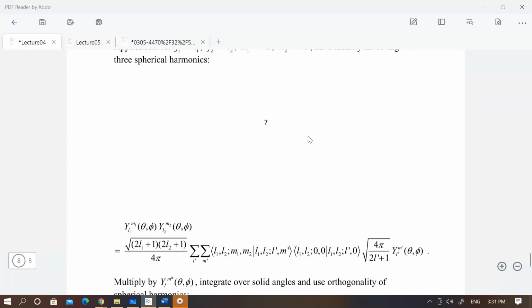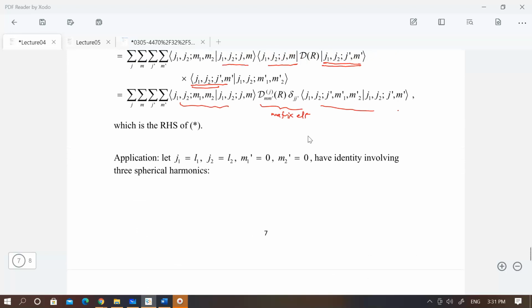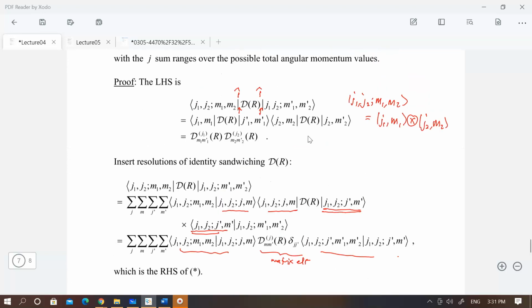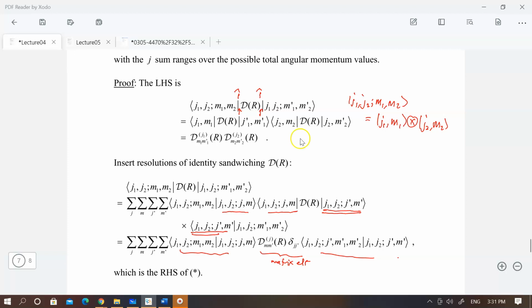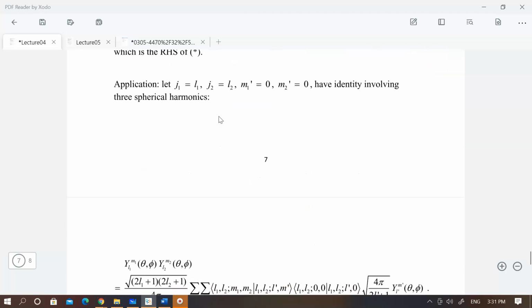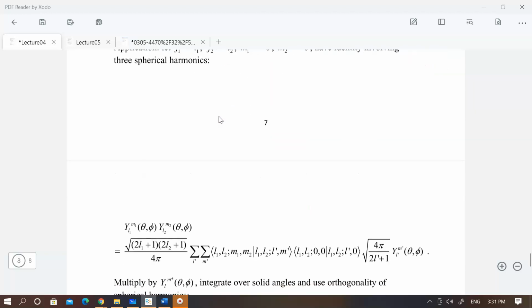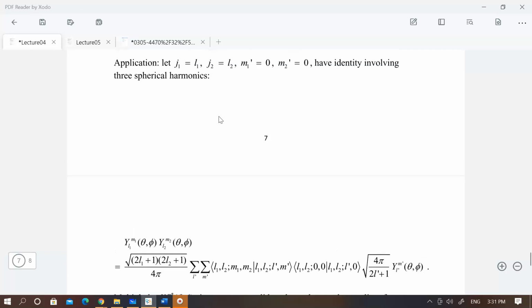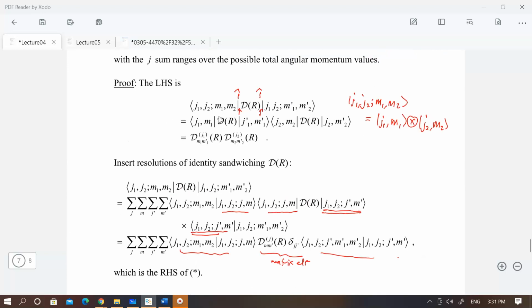Remember that this is the matrix element. Now what I'll do is put this one, resolved according to the position representation.